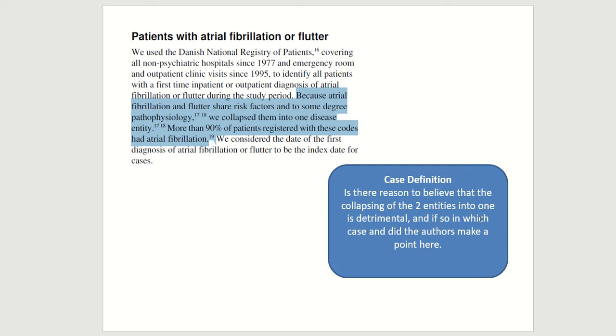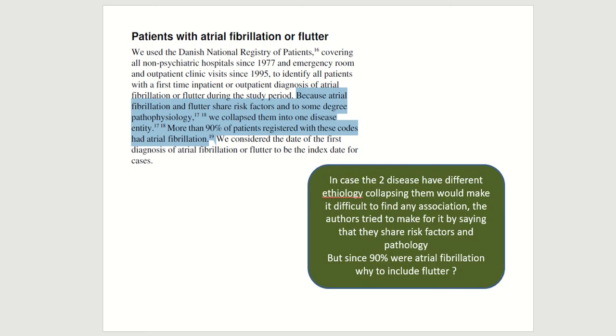The authors of this study, they decided to collapse both, okay, and they tried to defend their point. So they did something that we usually are not in favor of. Usually we do not like when people put two diseases together. However, how did they defend their point?